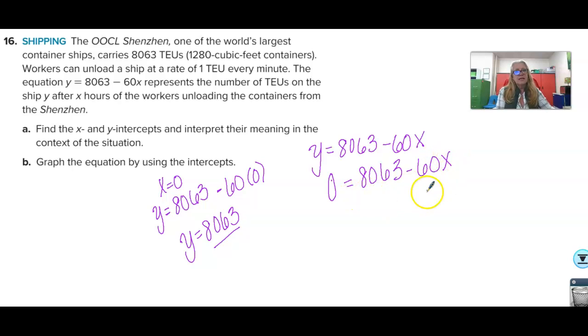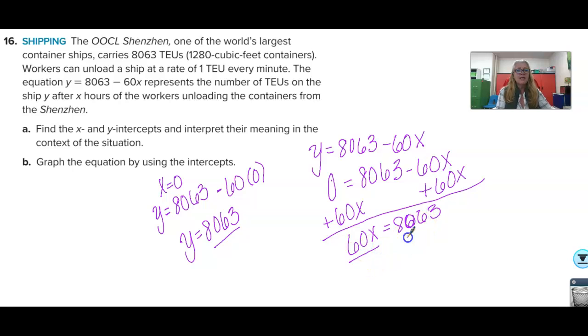Let's add 60x to both sides instead of dealing with a bunch of negativity. We don't need a bunch of negativity in our life. 2020's got enough negativity. 8063. And then our last step is going to be to divide both sides by 60. I can't do that in my head, so I'm going to grab my handy dandy calculator.